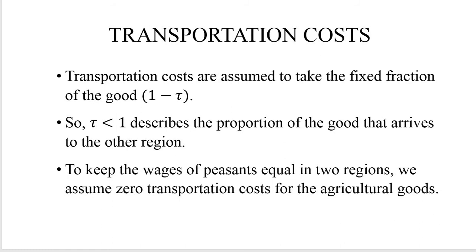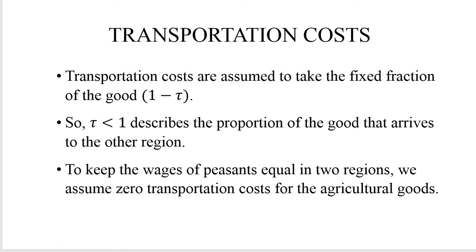We assume that transportation costs take the fixed fraction of the good, and this fraction is equal to 1 minus tau. So basically tau, which always takes the value below 1, reflecting the fact of non-zero transportation costs, describes the proportion of the good that arrives to the other region. So speaking very informally, we assume that transportation costs just eat some portion of the value, and this proportion is always fixed.